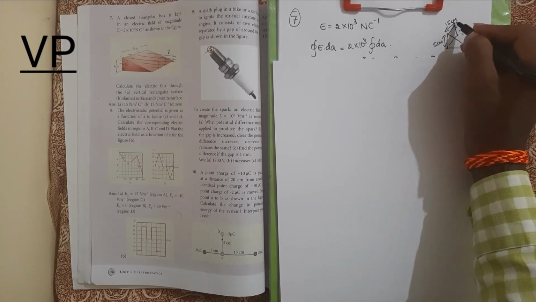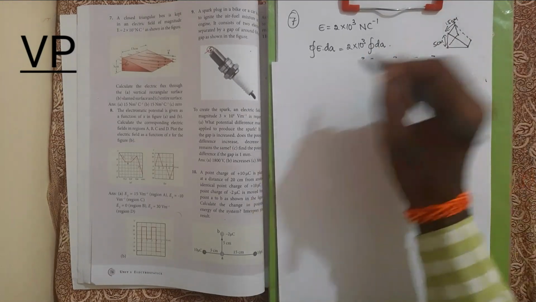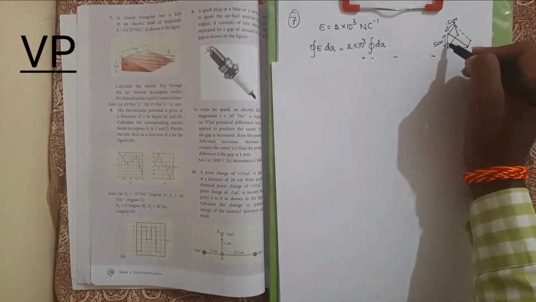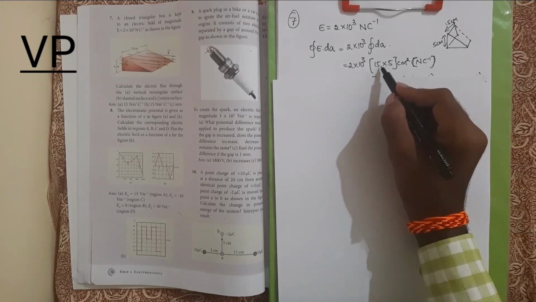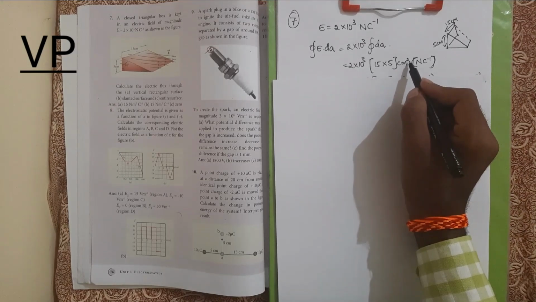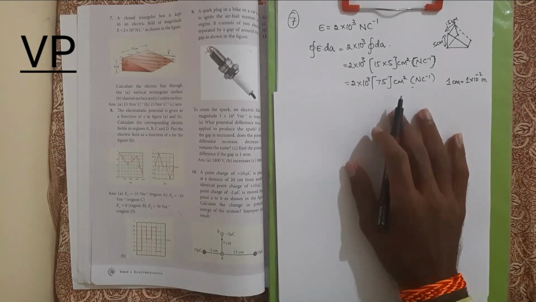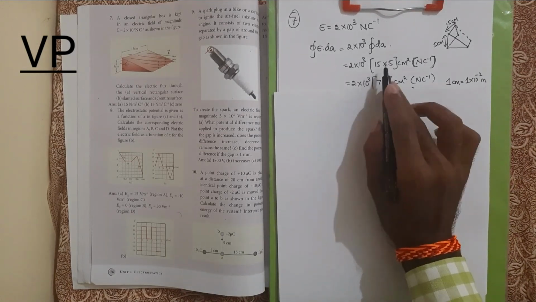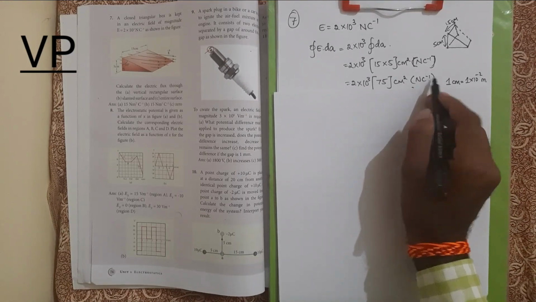We know the length of this vertical surface is 15 centimeter and the breadth is 5 centimeter. The area is calculated by 15 into 5, length into breadth, centimeter square. And for electric field, the unit is Newton Coulomb minus 1. And 2 into 10 to the power 3, 15 into 5 is 75 centimeter square Newton Coulomb minus 1.